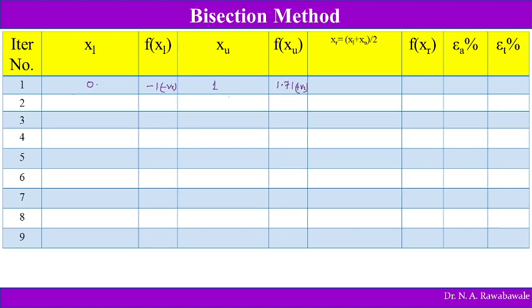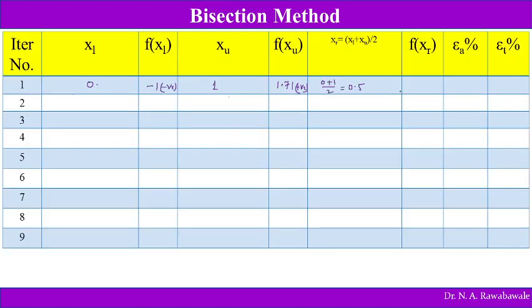Now the average of 0 and 1, 0 plus 1 divided by 2, gives us 0.5. Substituting into f of x equals x e to the power of x minus 1, f of 0.5 is 0.5 e to the power of 0.5 minus 1, which gives us minus 0.17.